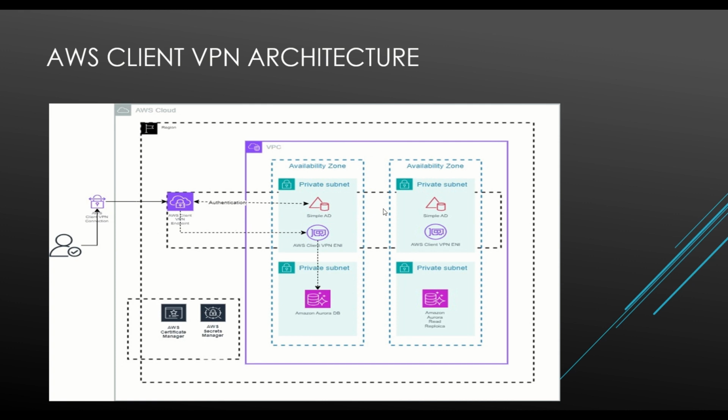So that's why I've shown here the Simple AD, that is AWS Directory Service, and then I have created the AWS VPN endpoint, and then the elastic network interface that is created and attached to those subnets, and the remote user can establish a VPN connection. Once we establish the VPN connection, we can connect to the private subnet and access the Aurora database.